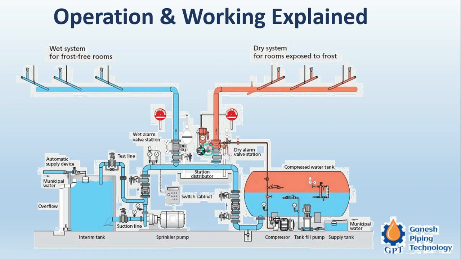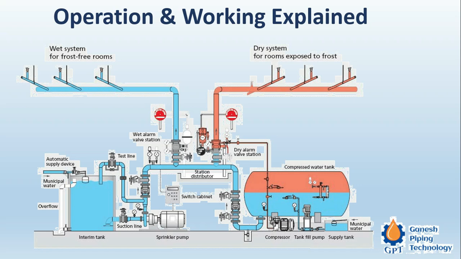This piping is loaded with pressurized air or pressurized gas instead of water, and because of this gas there will be no corrosion, or if it is in frozen weather, there is no question of water freezing inside the pipe because it is loaded with the pressurized gas.